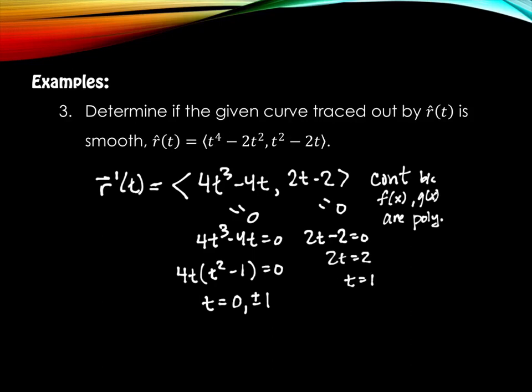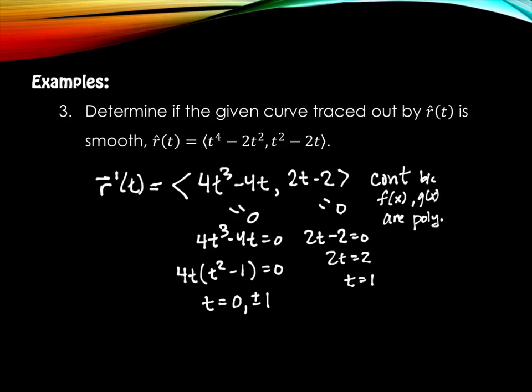Now, if there was no overlap between what we found for the first component and the second component, it would be smooth on the whole domain. Does that make sense? But these actually have one in common: t is equal to 1.